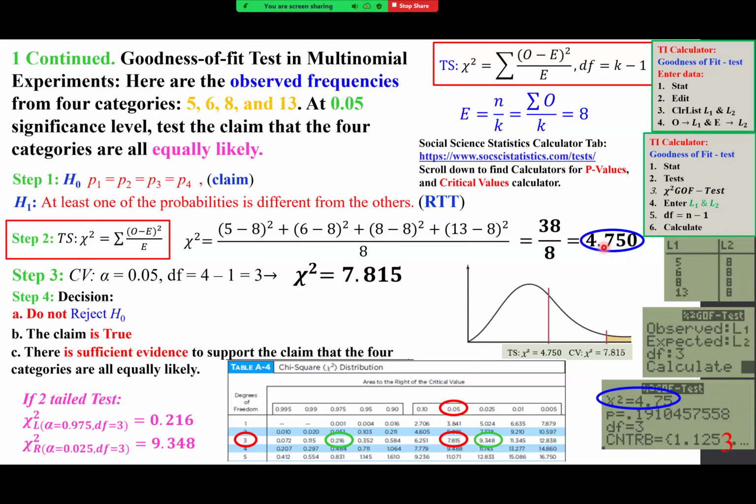First of all, we calculated the test statistic, and that's the same answer. Also, they do not give us the critical value. Instead, they give us the p-value, which is 0.19, way larger than 0.05. So p-value of 0.191 larger than alpha 0.05. Don't reject H0. We get the same result.